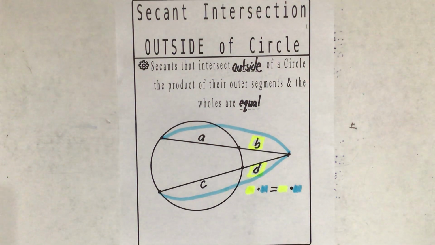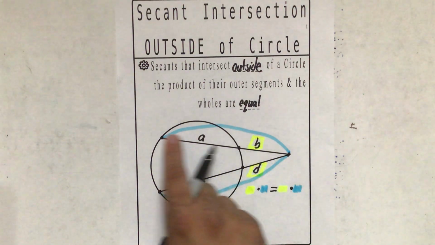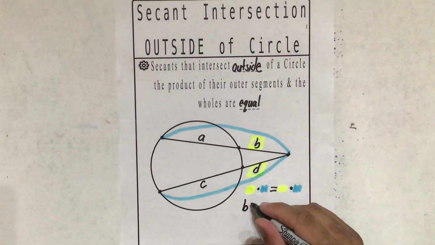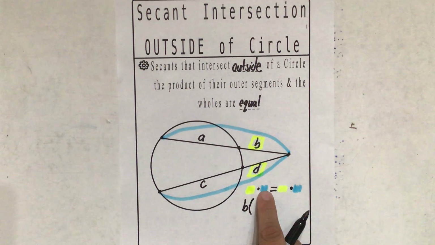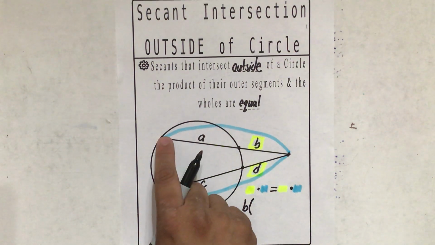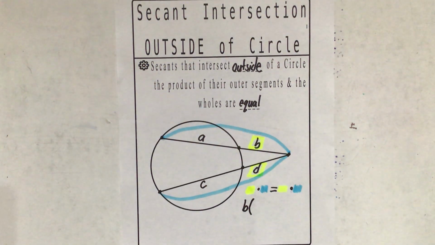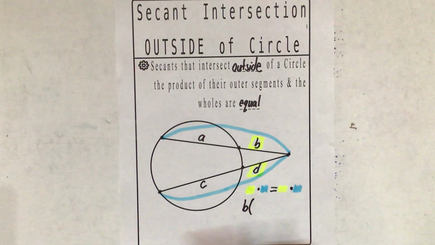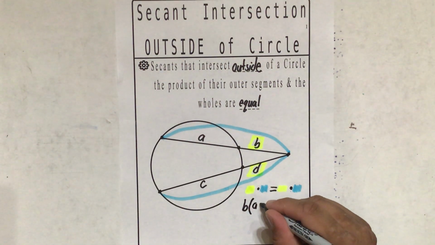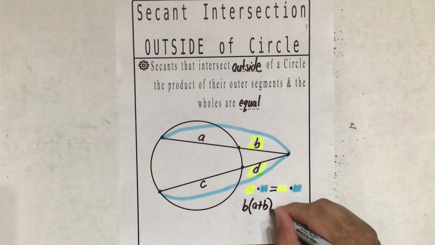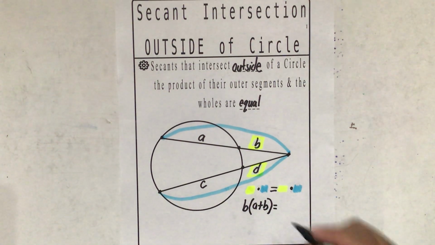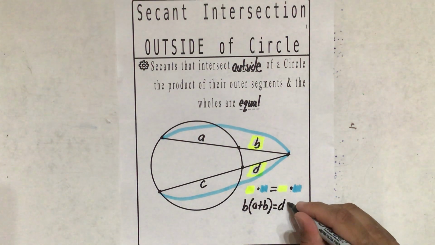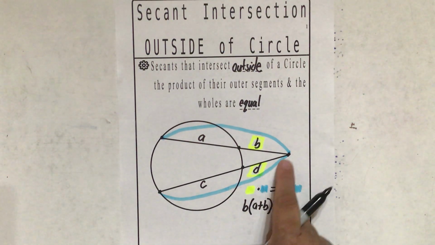So, in this case, let's do this top one first. What is yellow? Yellow is B. B times, let's do the parentheses here, what is blue? What is the whole thing? From here all the way to here. There's two letters, A and B. So we're going to add them because together they make up the whole thing. So A plus B is equal to this bottom secant, this yellow, which is D, times the whole thing.